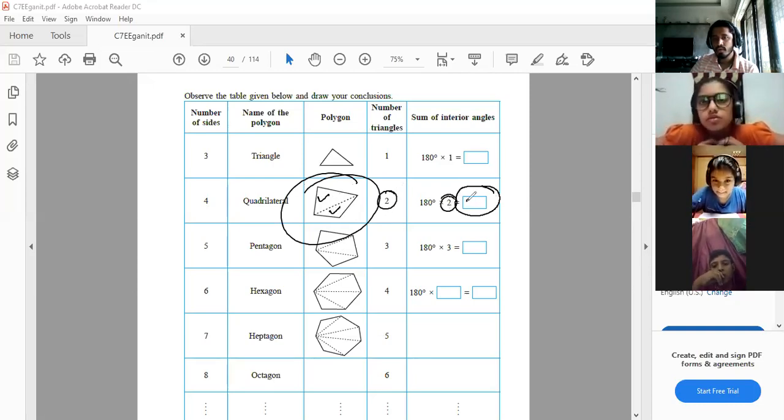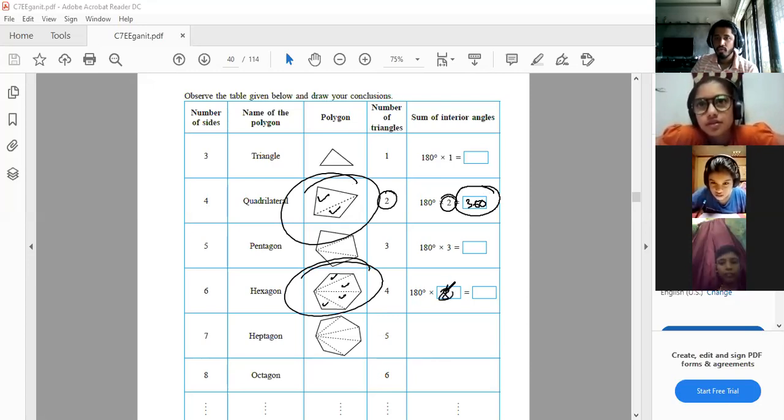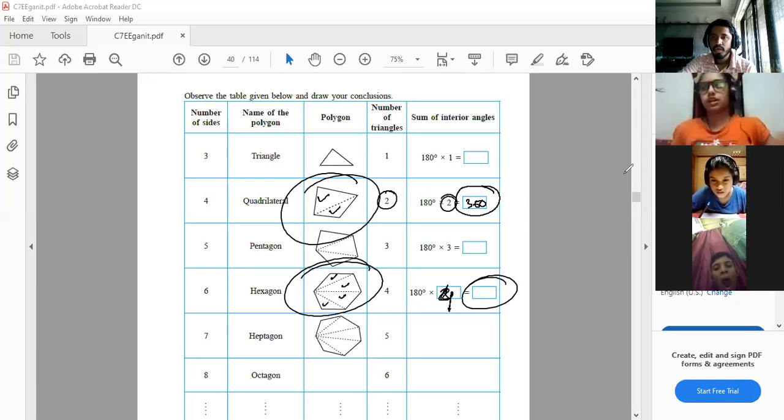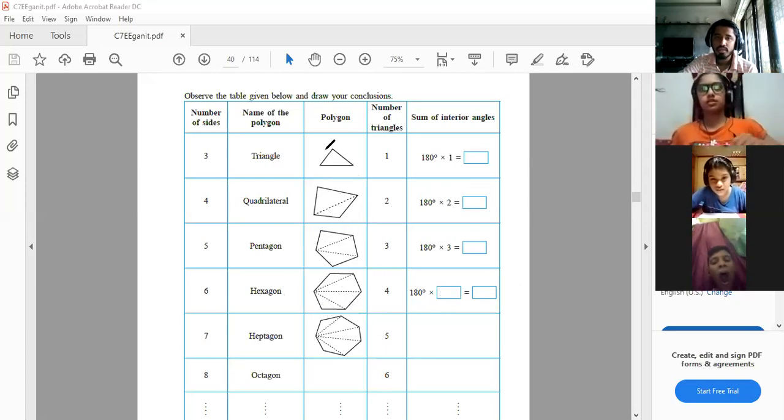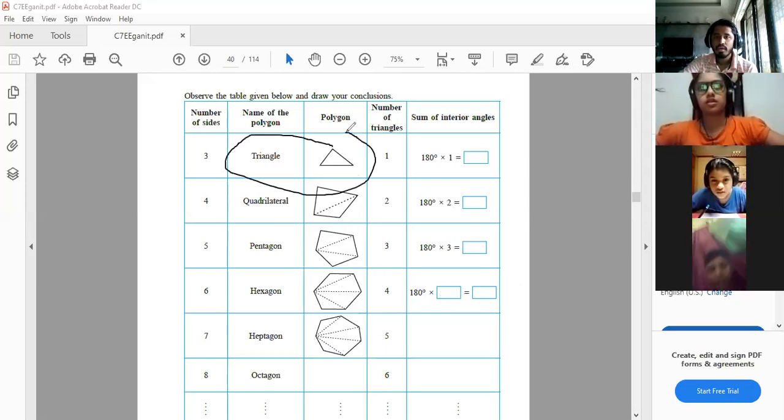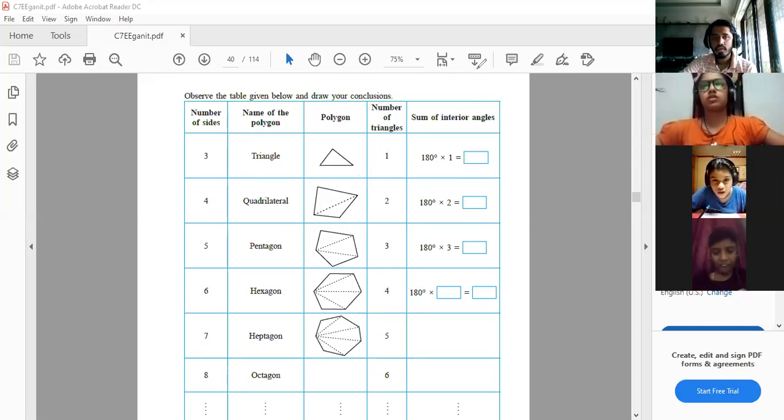So the answer is 360. Suppose they draw this quadrilateral, so you should know that there are 1, 2, 3, 4 triangles. So 180 into 4 is the answer, 720. Is it clear? Understood? But for your basic sums, you will get only triangles. Nothing else you will get.